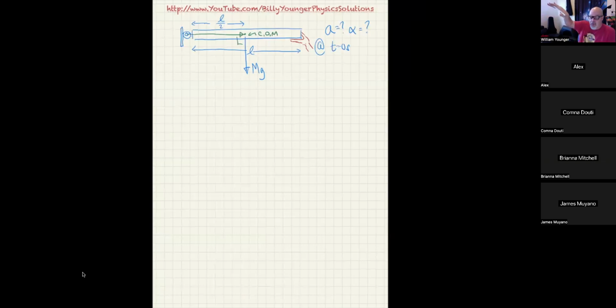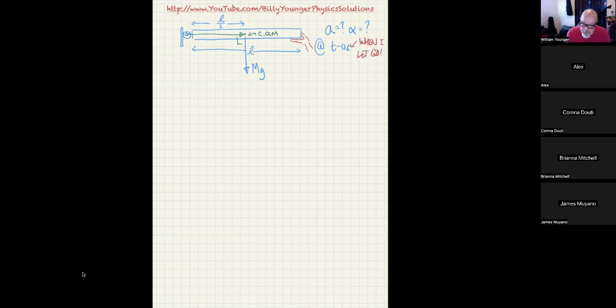But as soon as that rod starts to fall down, then the lever arm and the force are not going to be perpendicular anymore. So the torque is actually changing. So we're only going to look at that at the instant I let go.